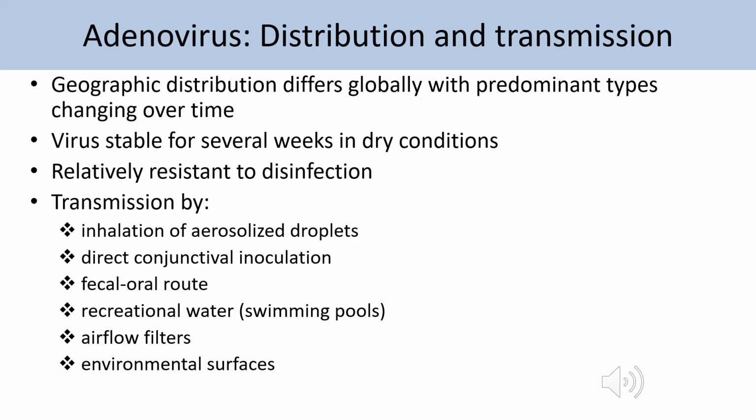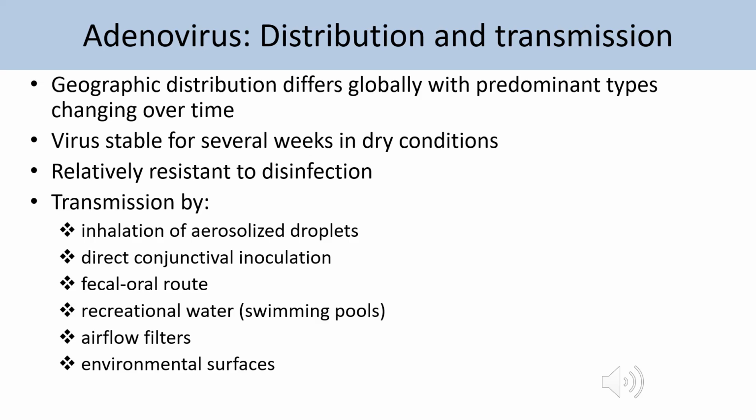So the virus is stable for several weeks on fomites in dry conditions. So there is a lot of room for infection and contamination and spread in the community.